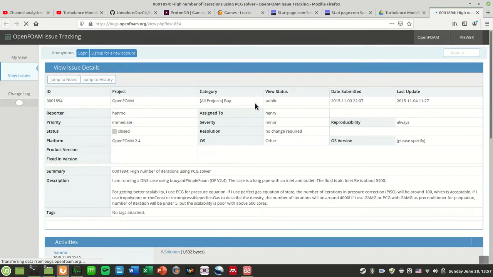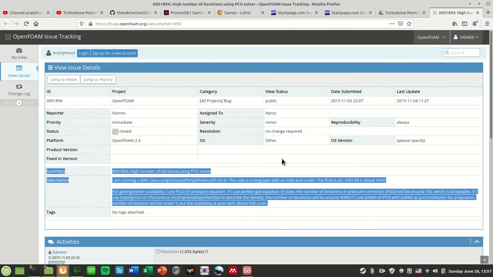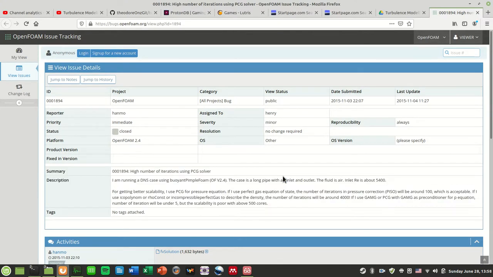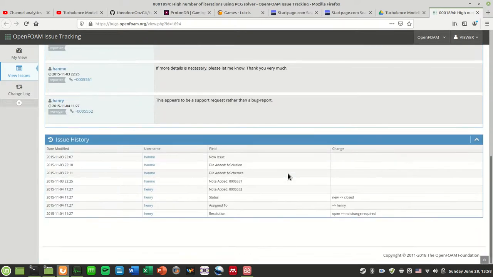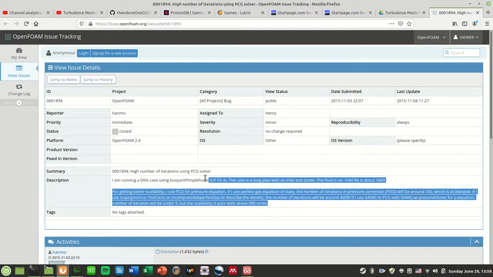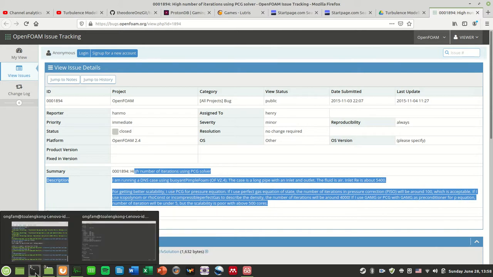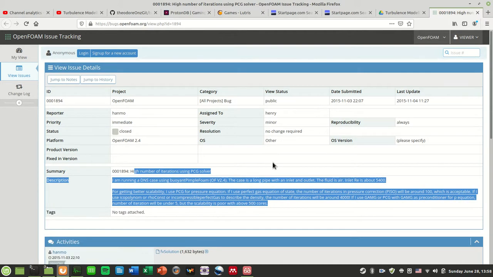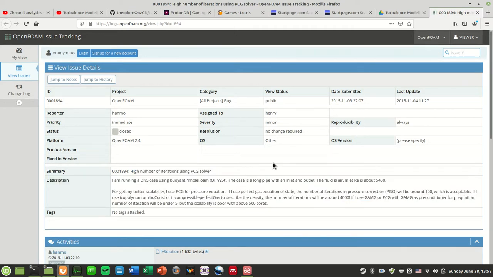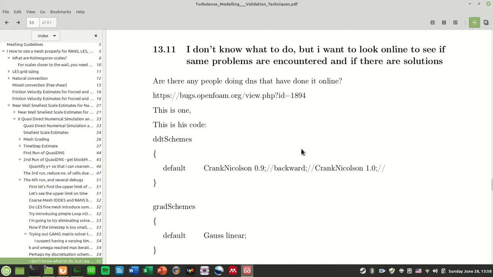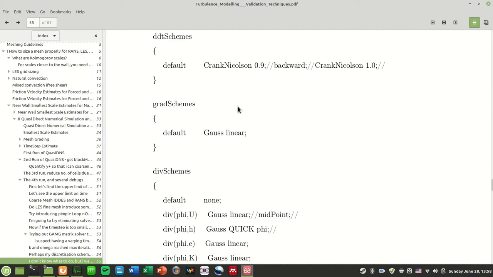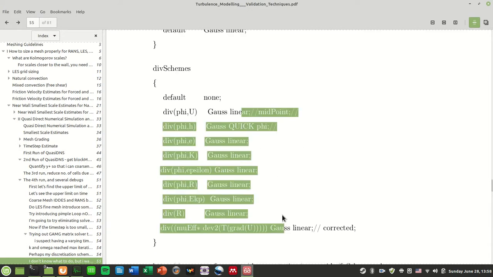There are a lot of people who say that they run into this problem with buoyantPimpleFoam. I'm not the only one. There are people online who have the same problem, and they try to use these things here.